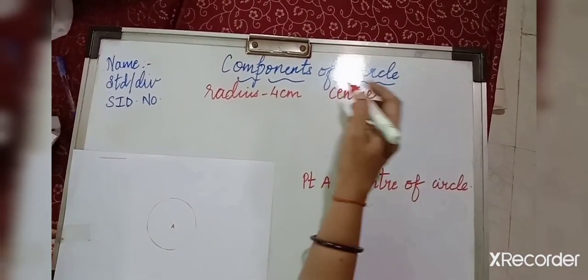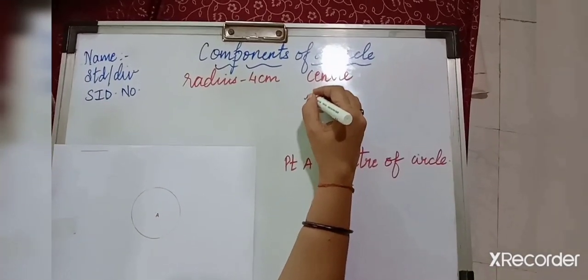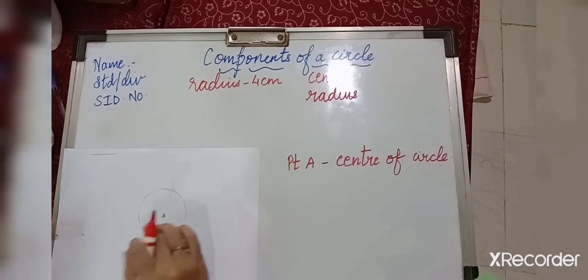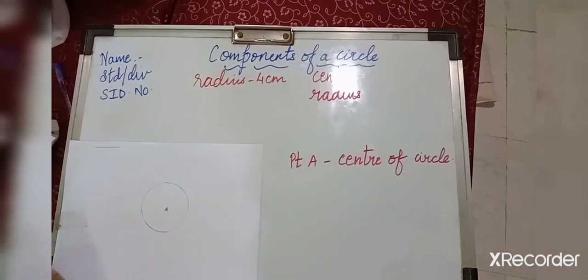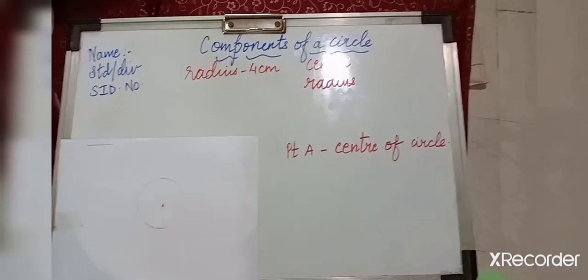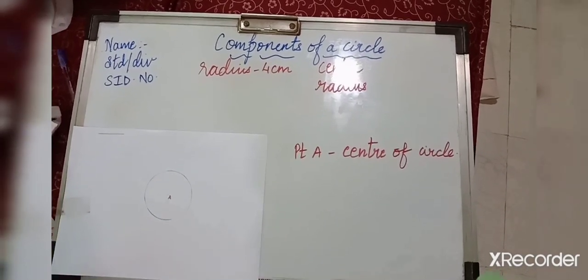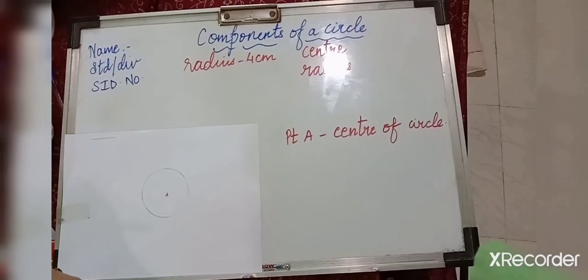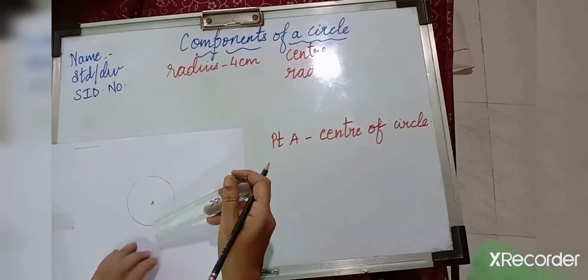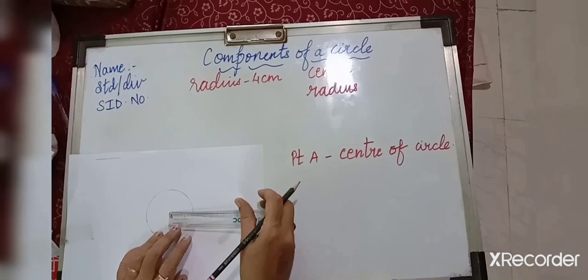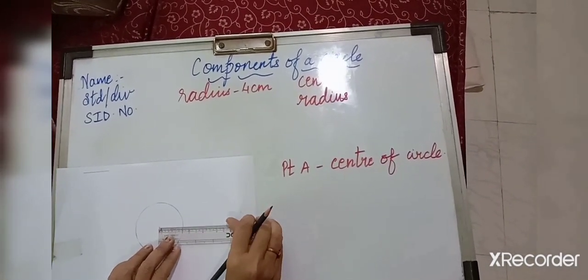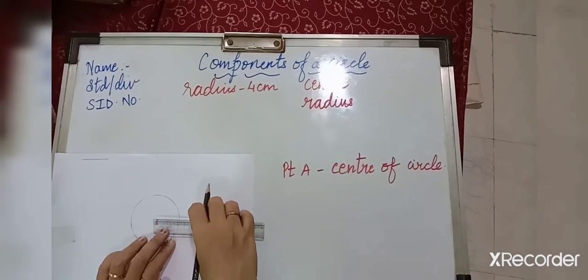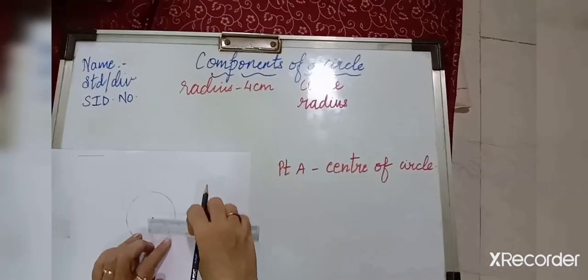Now let us learn the second component of a circle, that is the radius. Now you already have your center A here. Now take a ruler. We have already drawn the circle. Now the line joining the center of the circle to any point on the circle is called the radius.